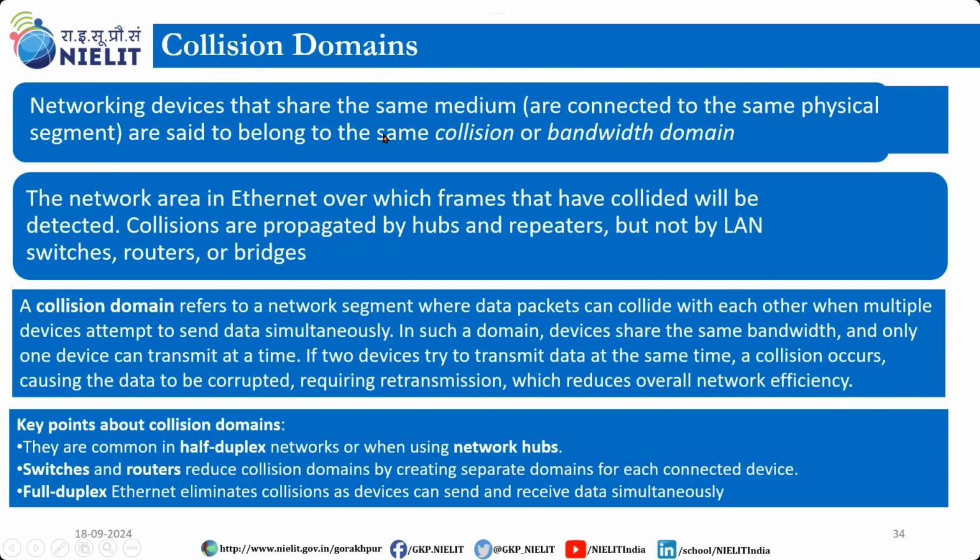networking devices that share the same medium, connected to the same physical segment, are said to belong to the same collision domain. It means you have a single physical medium, or a shared medium on which many computers are connected, and because there is only one medium channel, you cannot transmit traffic from more than one PC at the same time.